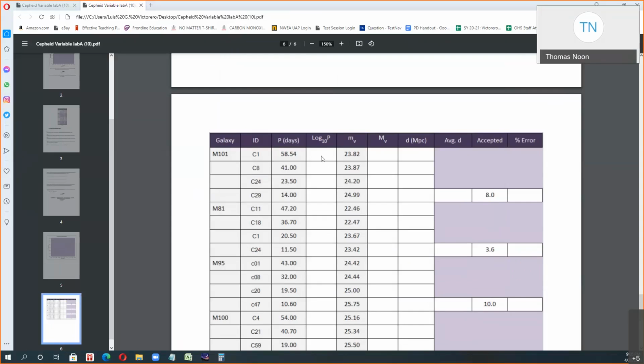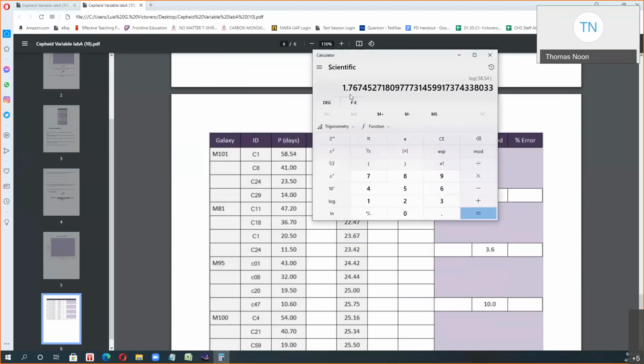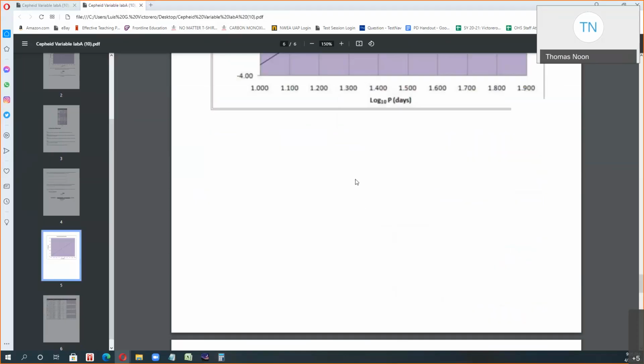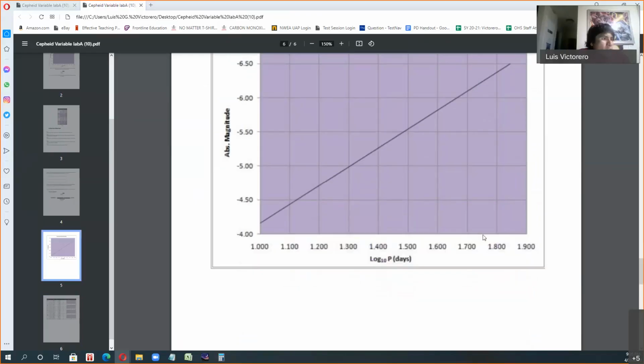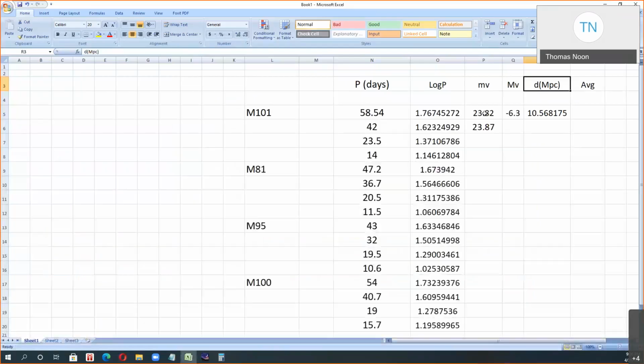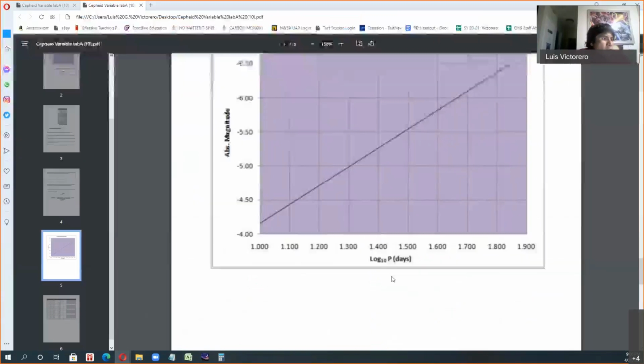Then that log, which is 1.77, you use in this chart to find the corresponding absolute magnitude. I estimate it to be minus 6.3, so that will go there.